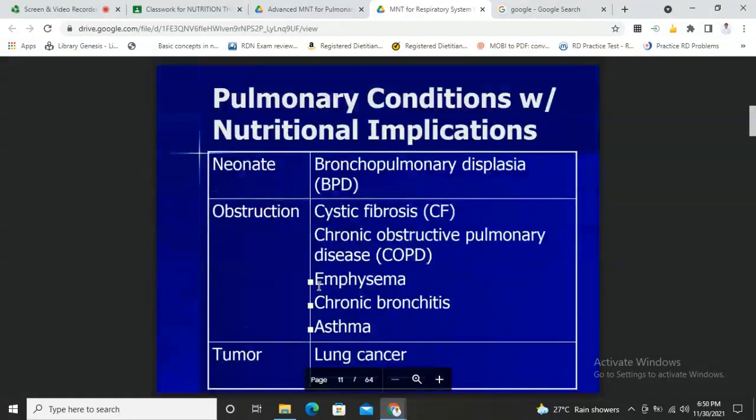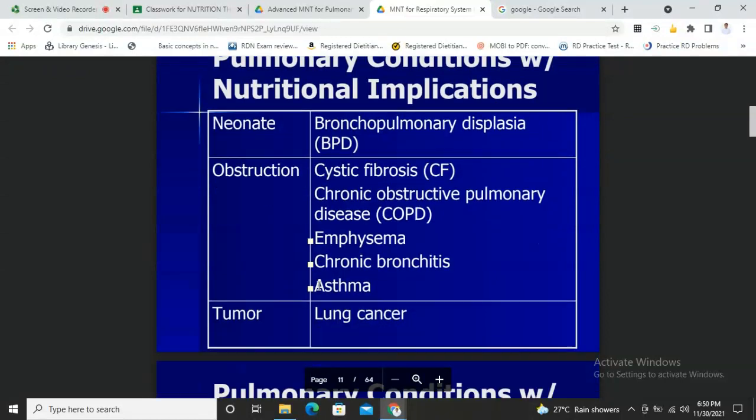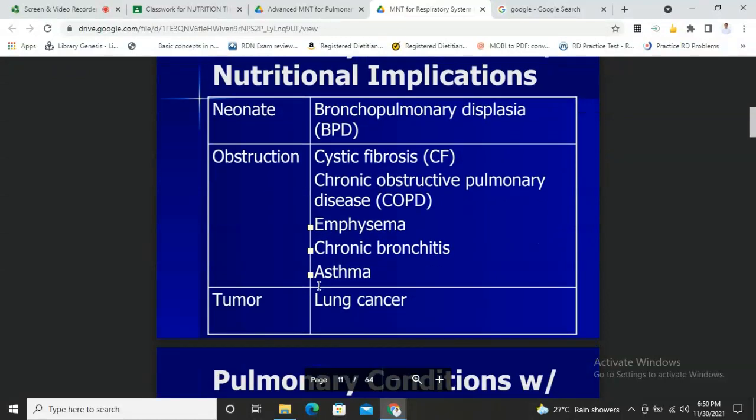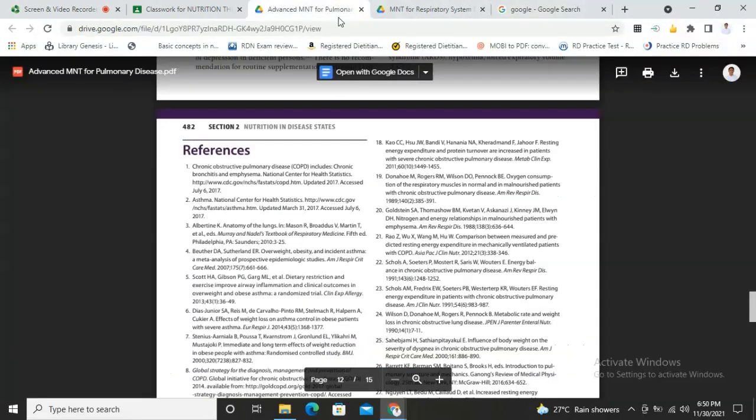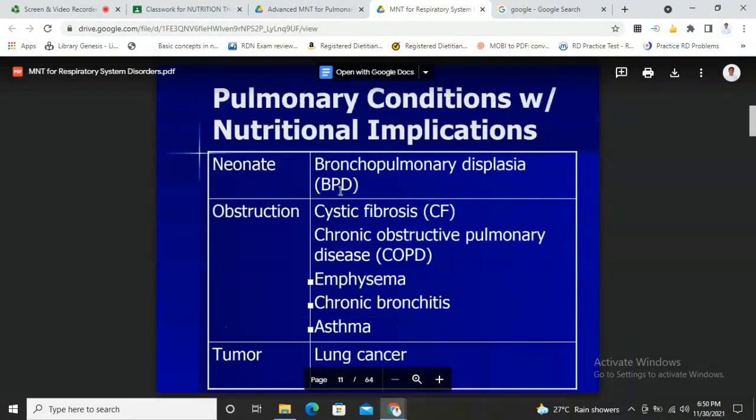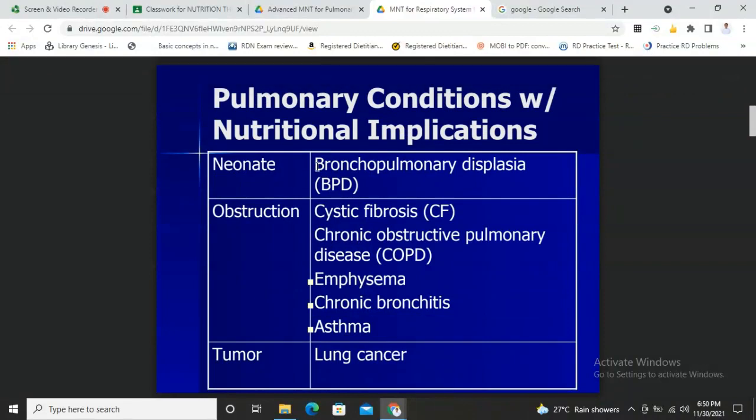Okay, pulmonary conditions with nutritional implications. So okay, for neonates, for the newborn, ang chronic nga disorder is BPD or bronchopulmonary dysplasia, and mao ni ang una nato i-discuss.